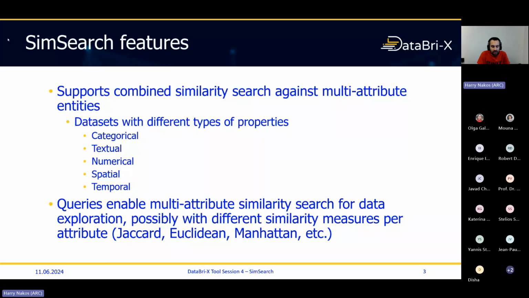Specifically, it's Jaccard distance for categorical data, Euclidean for numerical, and Manhattan for spatial. These are all used for data exploration, using top-k as the route to data exploration to find the top entities among data that have multiple attributes.